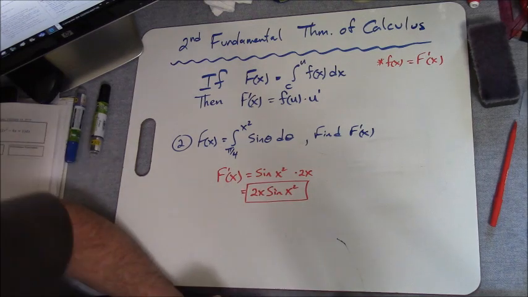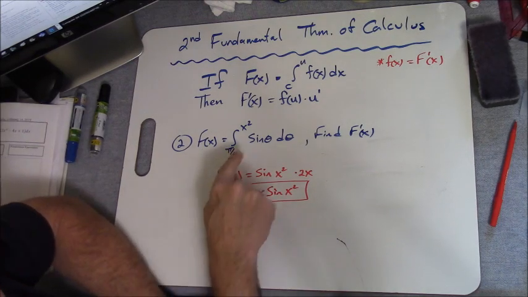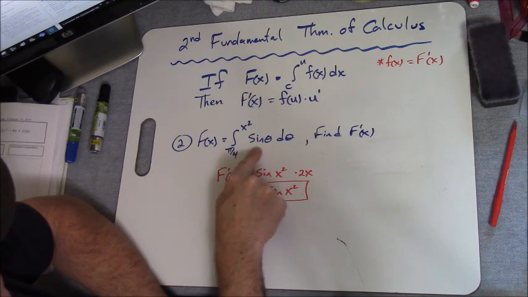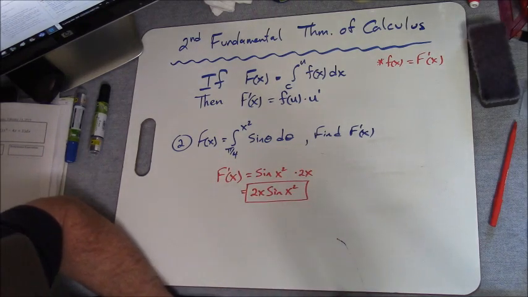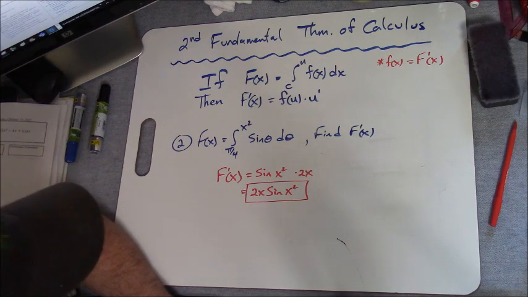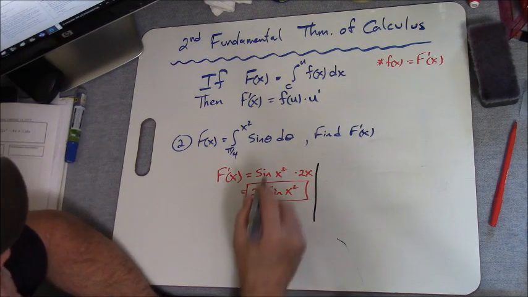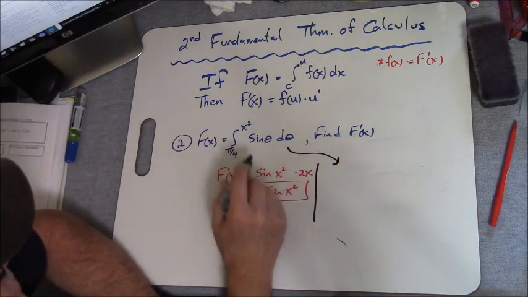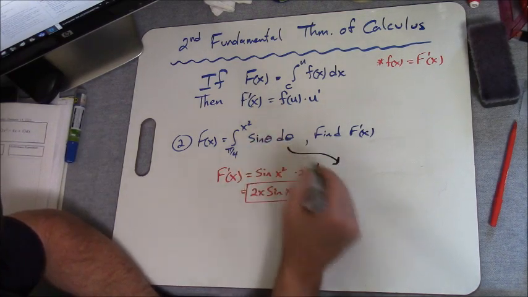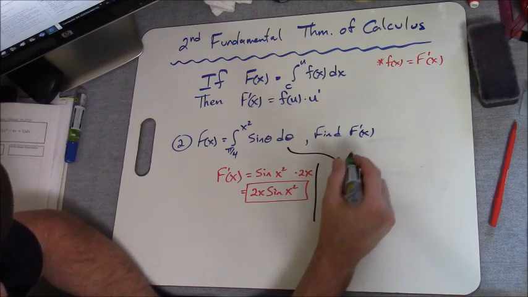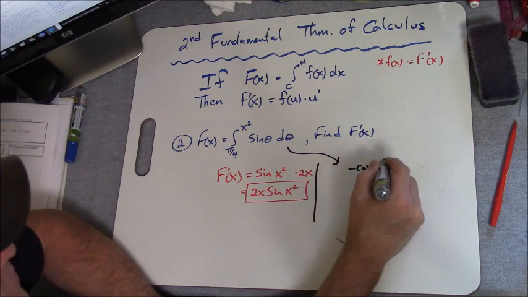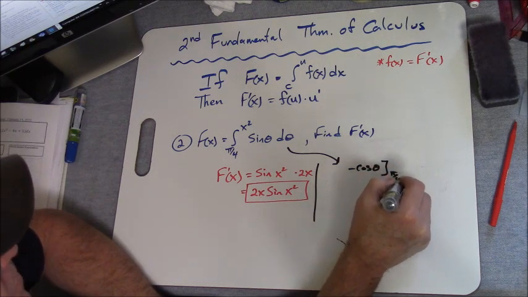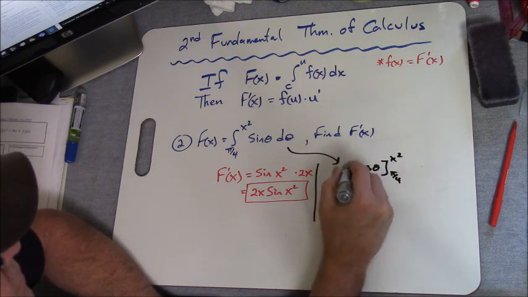So now, just because they're going to ask us to do this, actually do that integral, and once you get the answer, then take the derivative of it and see if that's what you get. All right, so if I was to do that integral, the integral of sine of theta is negative cosine theta, being evaluated from pi over 4 to x squared.